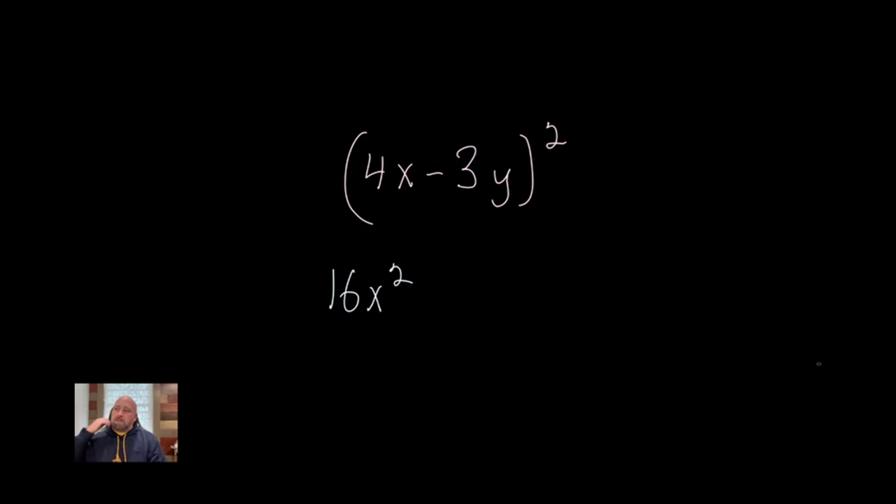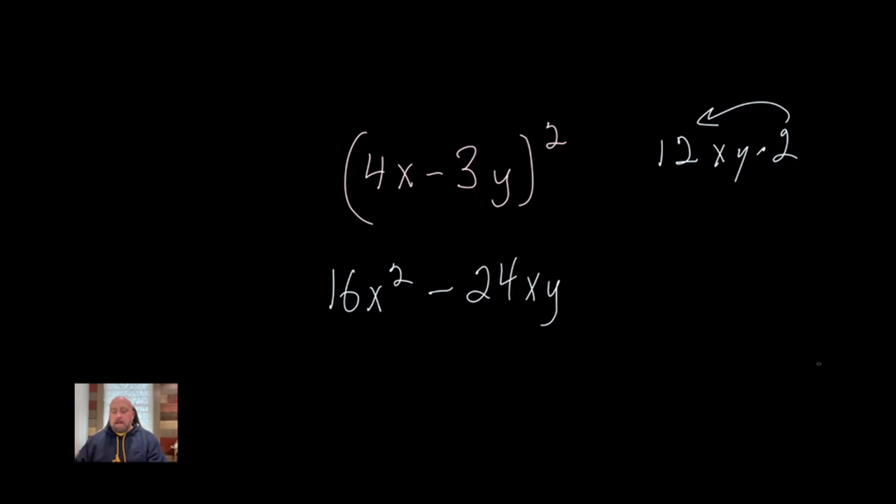When you're doing negative signs, if it's a negative, you just put a negative. So what's the product of 4 times 3? 4 times 3 is 12. What's the product of x times y? Just xy. And then we're going to double it, times 2. So multiply your 2 by that, and you get 24xy.